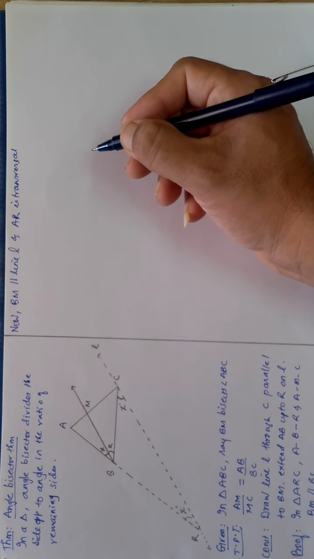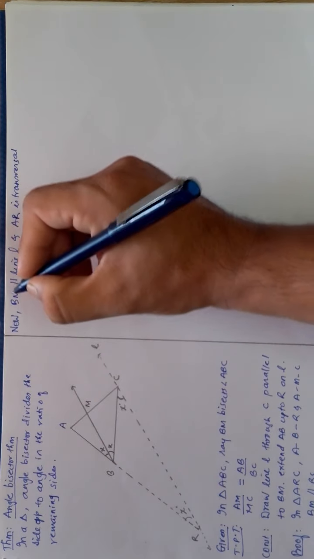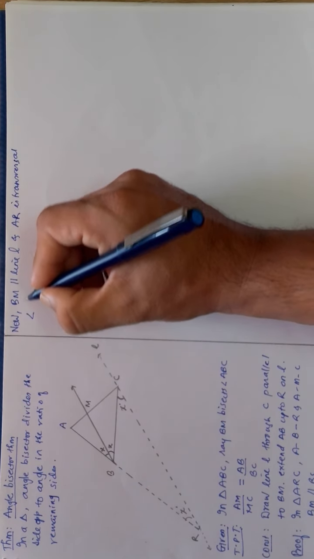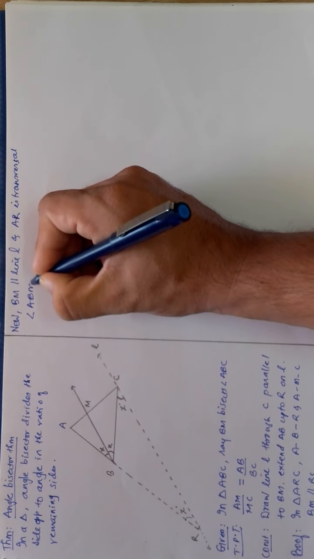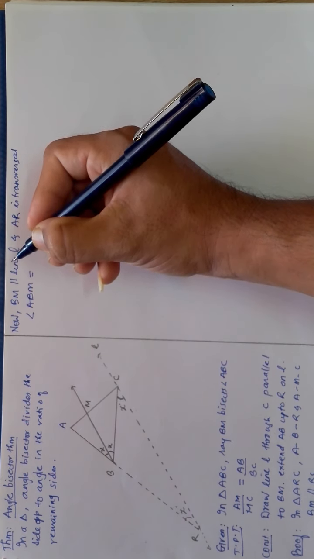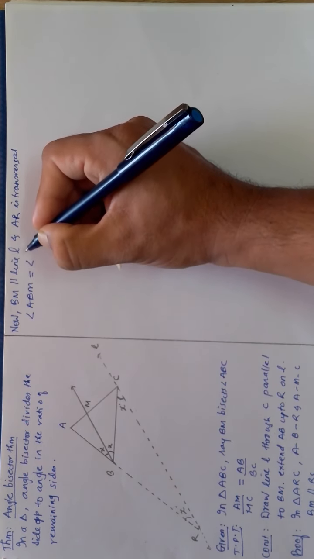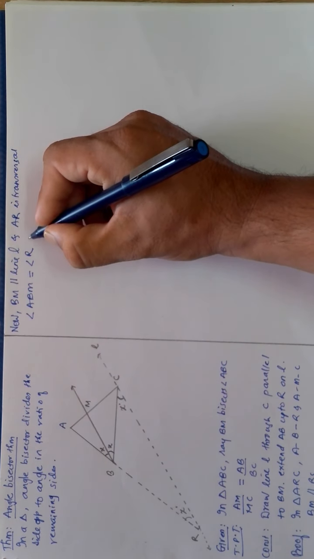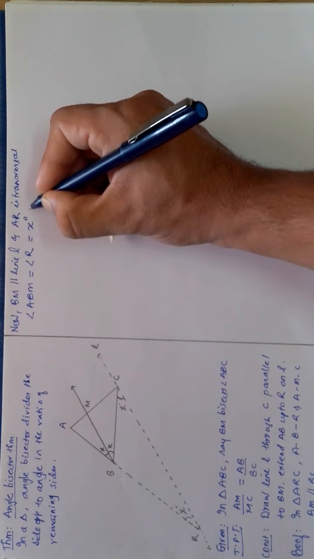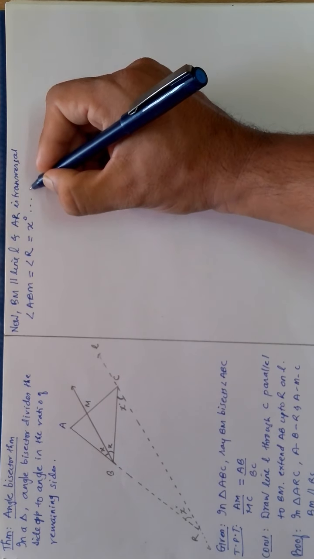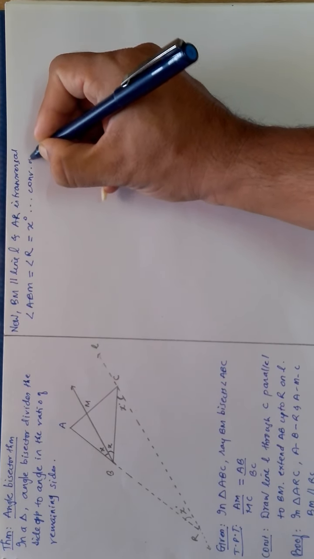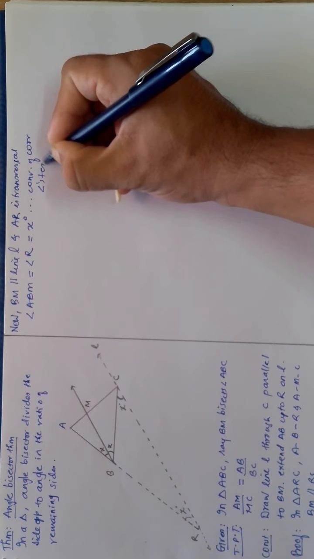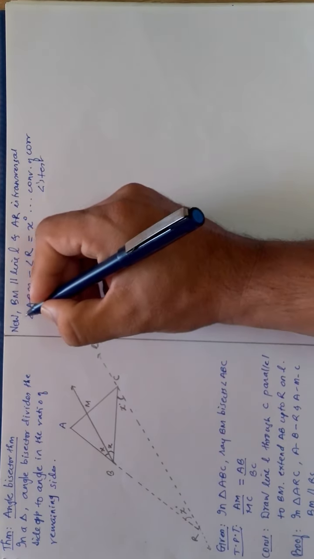If it is the transversal, then obviously angle ABM is equal to angle R. This is x because this is the converse of the corresponding angles test. Let this be your third one.